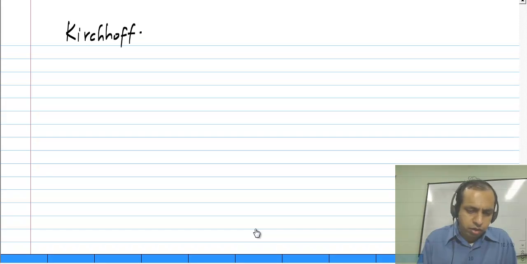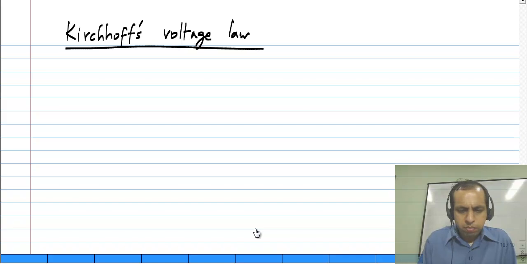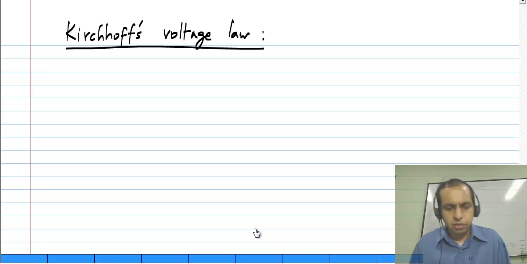Now, just like Kirchhoff's current law, which is a general property of currents, we have a general property of voltages around a loop, and that is given by Kirchhoff's voltage law.